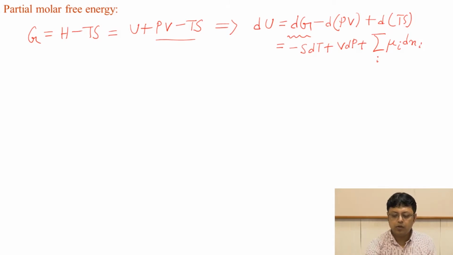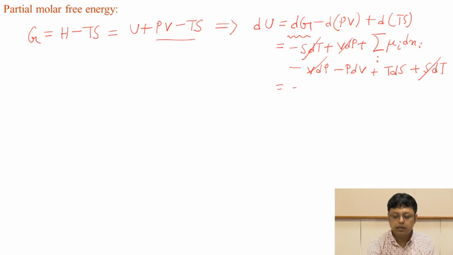Then you can figure out all the other terms will cancel out, because it will be minus V dP, then minus P dV, plus we have T dS plus S dT. So this S dT cancels out and V dP cancels out.